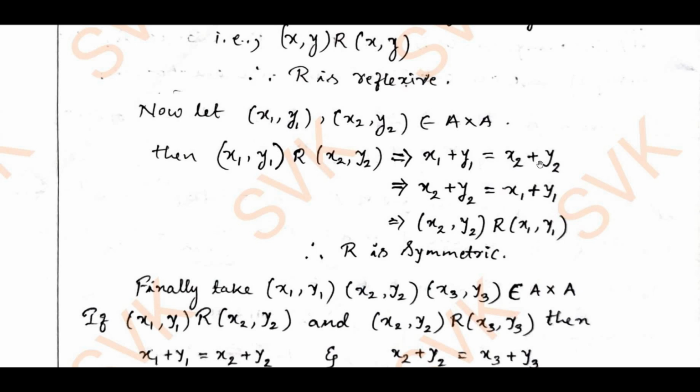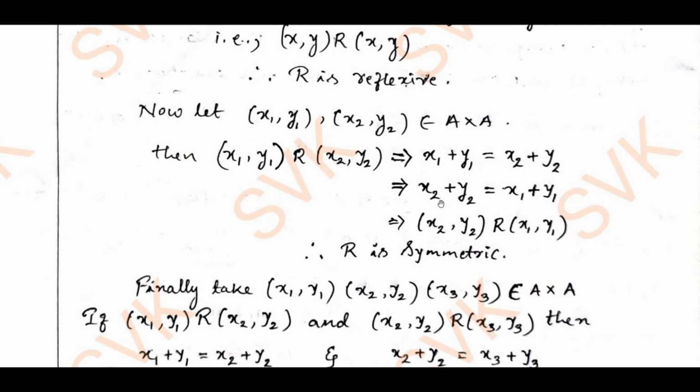x1 plus y1 is equal to x2 plus y2. If the value 1 is equal to 2, can't we say that 2 is equal to 1? Think of it. Likewise, as LHS is equal to RHS, x2 plus y2 can also be written as x1 plus y1.